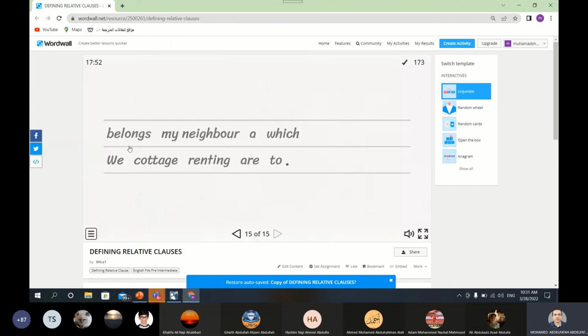The words are belongs, but if you have a mistake, Ahmed, make sure that Adam is ready to help you. Belongs, my neighbor. Teacher, what is the meaning of my neighbor? Your neighbor is the one who lives next door. The house that is next to your house is called my neighbor. The words again: belongs, my neighbor, a, which, we, cottage.